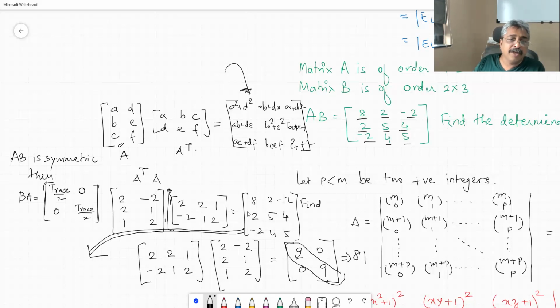Of course, the determinant of the given matrix AB being equal to 0 need not even be calculated. You need not calculate the determinant of this because it is a 3 by 3 matrix, which is created by a linear combination of two vectors. There are only 2 vectors here in A. So it is bound to be 0.